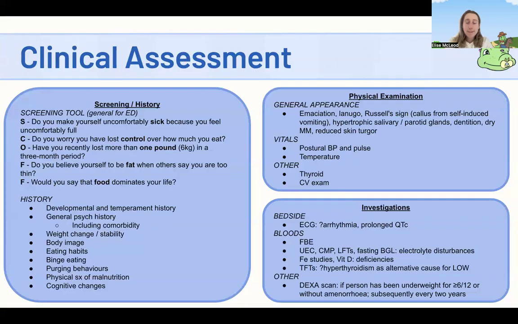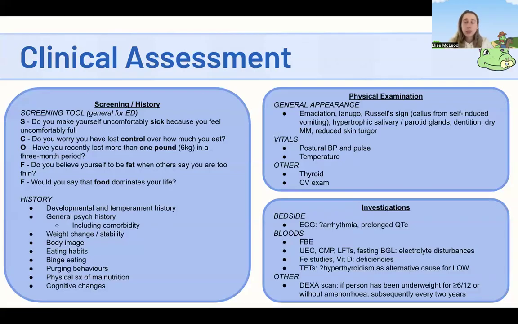On exam, and some of these are for quite more severe anorexia nervosa, but you might notice that the young person is emaciated. They might have lanugo or that very fine, thick hair on their arms and legs.